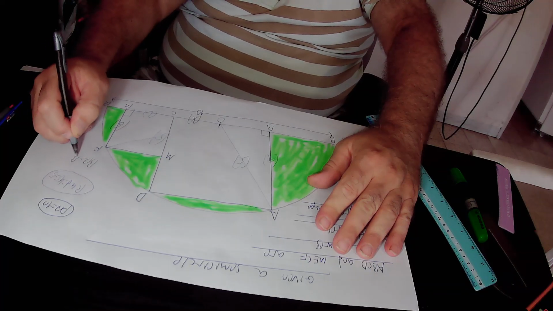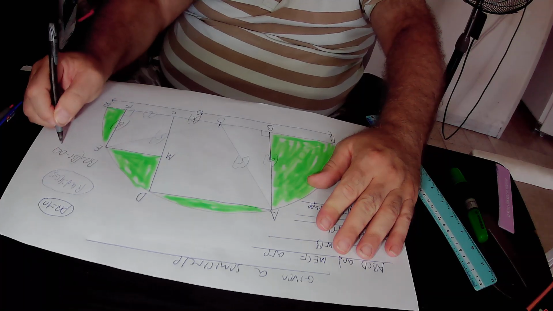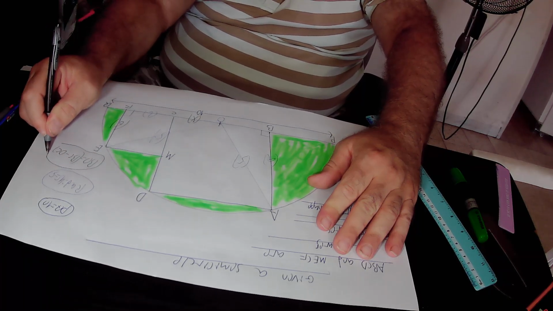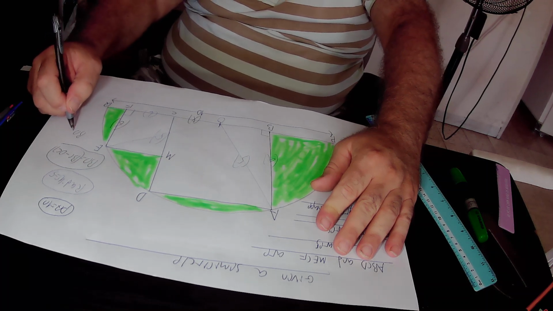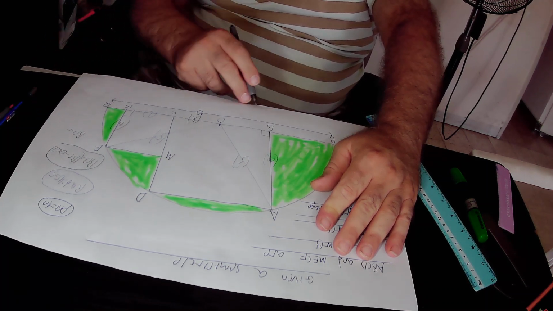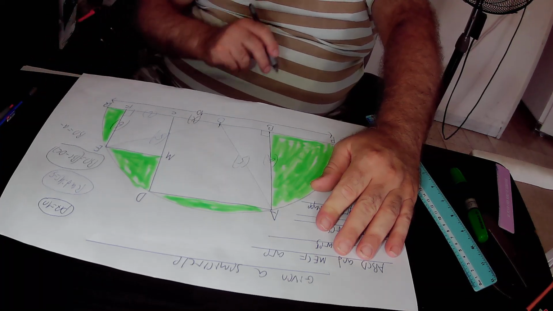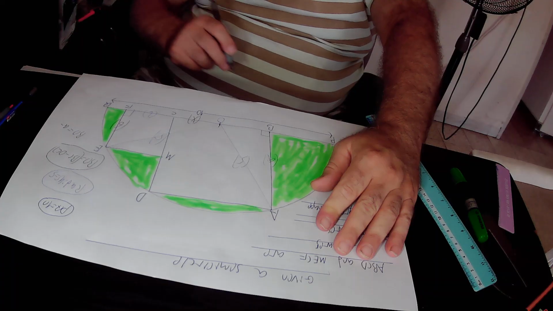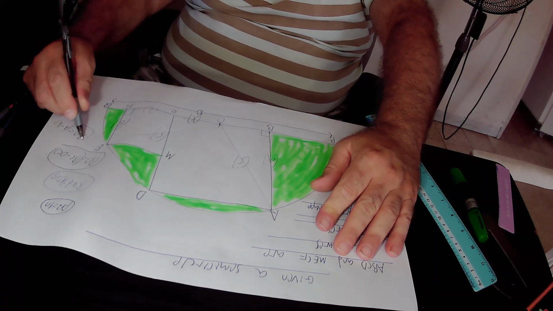BO equals BC minus OC. BC is A according to our definition, minus OC. OC is X according to our definition also. So in total, BO equals A minus X units in its length.